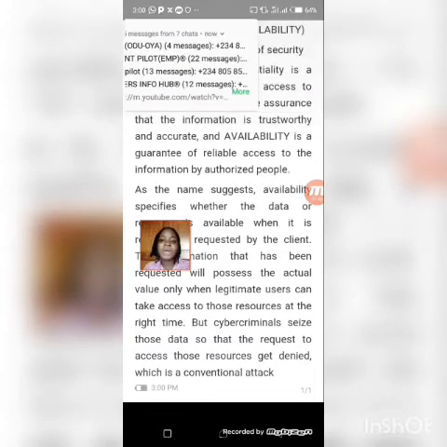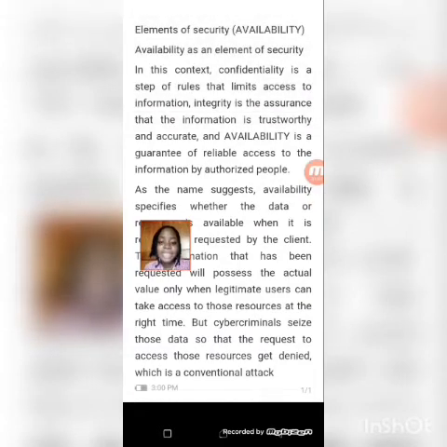Now we're talking about availability. Availability is a guarantee of reliable access to the information by authorized people. This time around, you've been confidential, not releasing the information to just anybody. But availability is when this information is available at the right time, when somebody needs it, it is ready, it is accessible by authorized people.